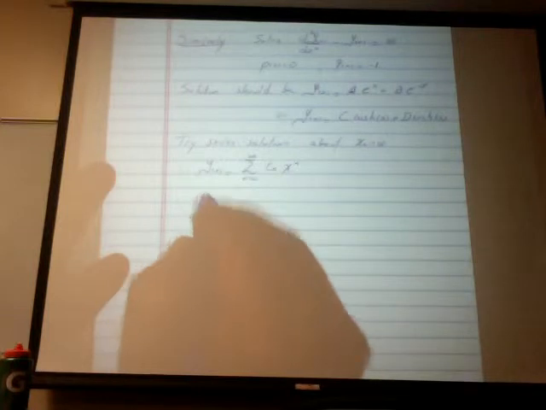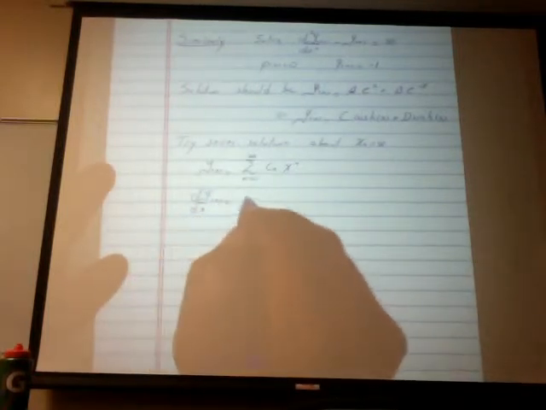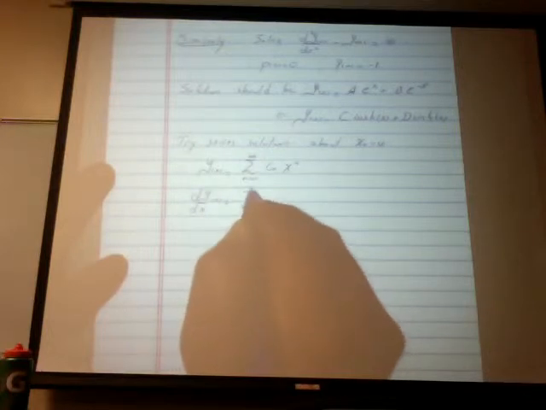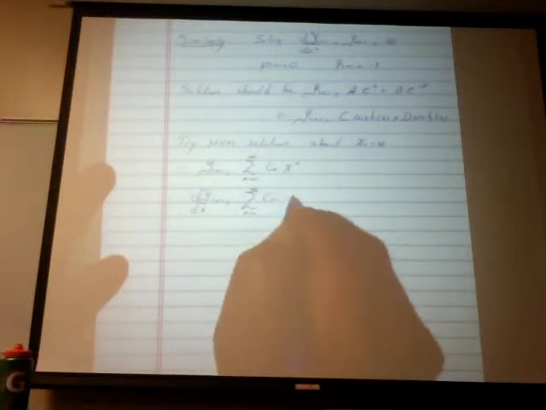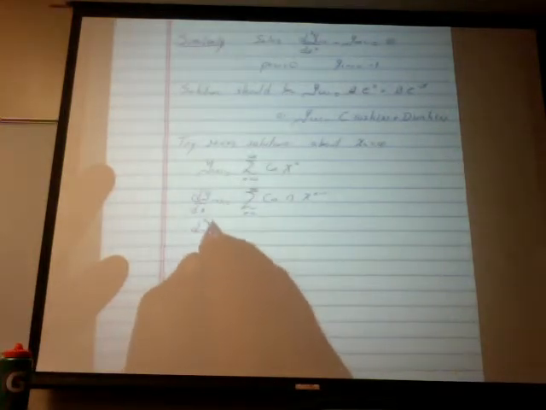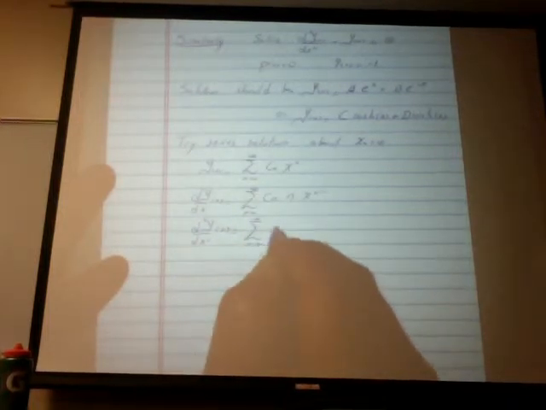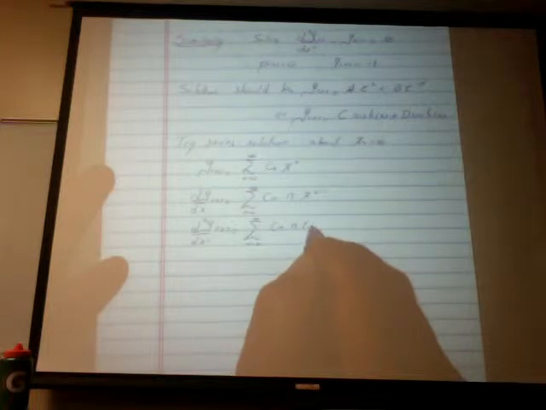That means that the first derivative of y with respect to x is equal to the summation from n equals 1 to infinity of Cn n x to the n minus 1, and the second derivative of y with respect to x squared is equal to the summation from n equals 2 to infinity of Cn n times n minus 1 x to the n minus 2.